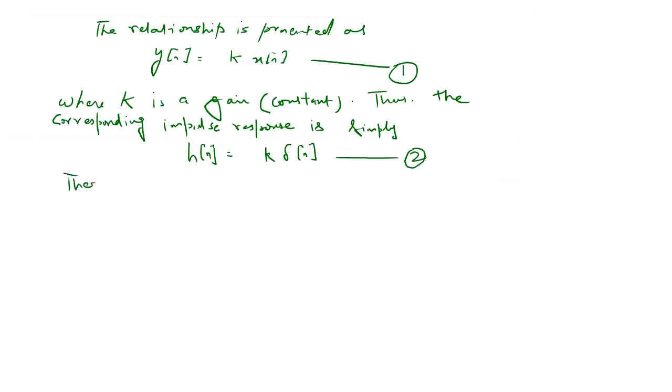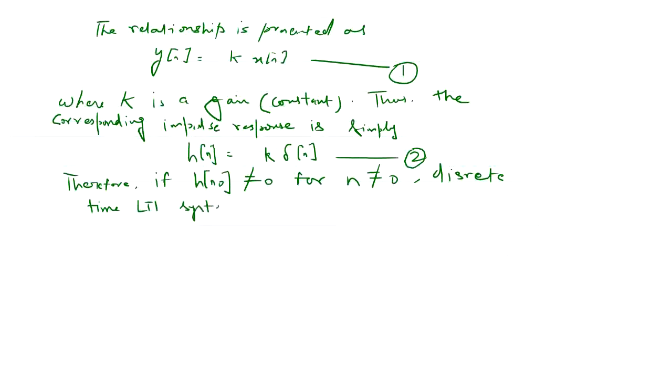Therefore, if h[n] is not equal to 0 for n not equal to 0, then we can say that the discrete time LTI system has memory.